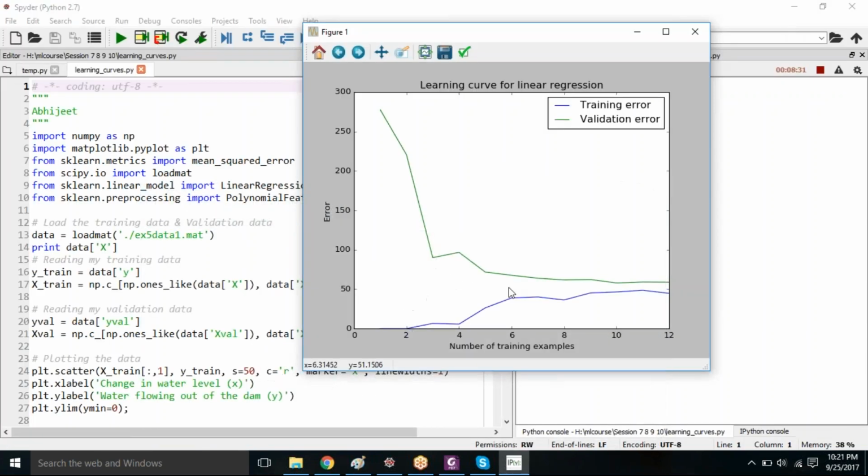That is why you see here, as your number of training examples is around 12, both the errors are high, around 50. You just remember this value 50. So both my training and validation errors are high, and that is what I have also told you previously, that in a high bias scenario, in an underfitting scenario, both your training error and validation error are high.